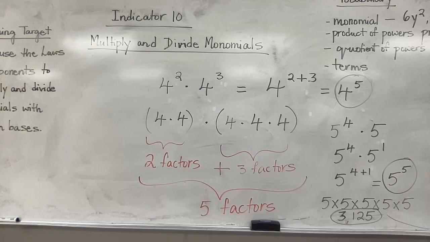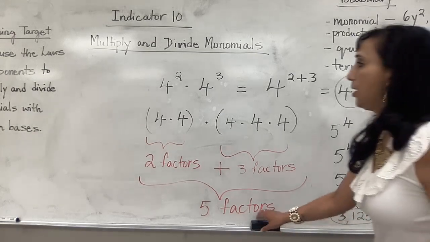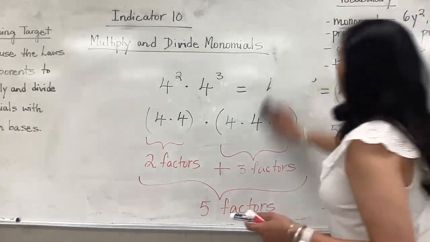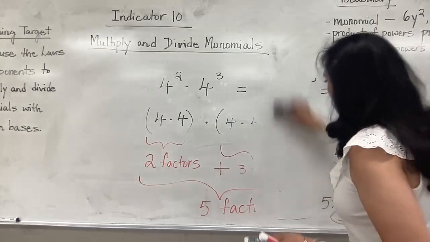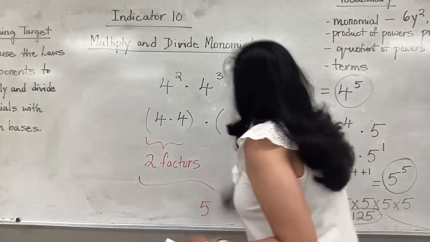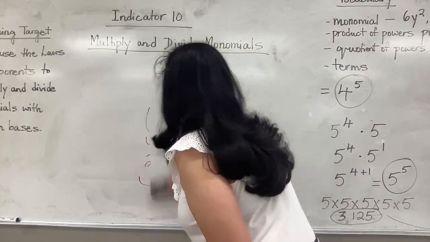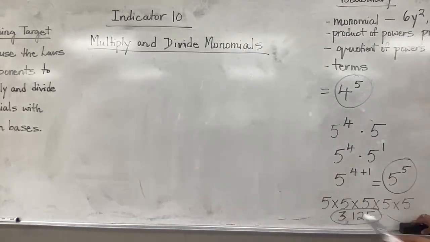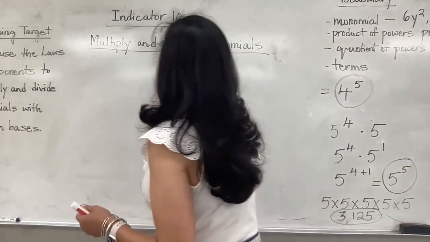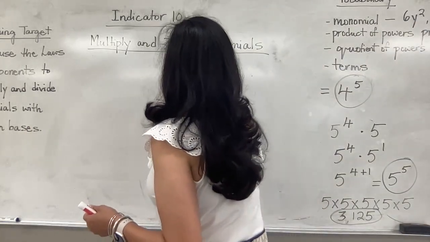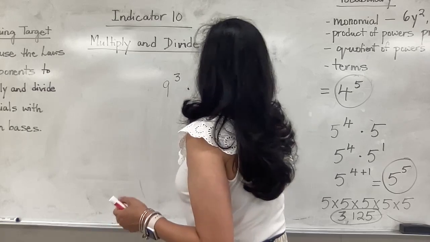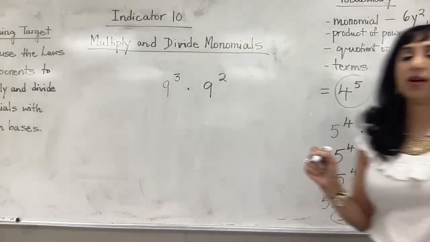And let's do this expression. I'm going to write it over here. All right. So let's say I give you a problem, 9 cubed times 9 squared. All right.